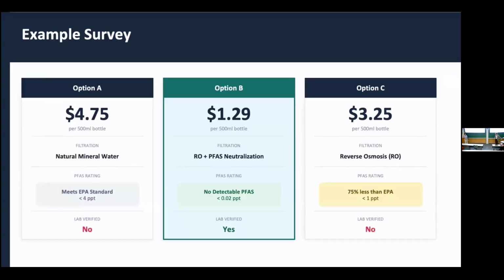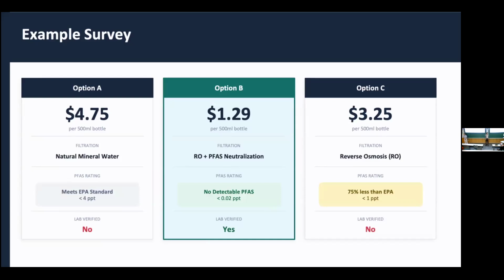Here's what our survey question typically looks like. In our choice-based conjoint survey, the respondents had to choose between options with different trade-offs. The question represents three bottled water options, and we vary them across 4 attributes: the price, filtration method, PFAS rating, and lab verification.